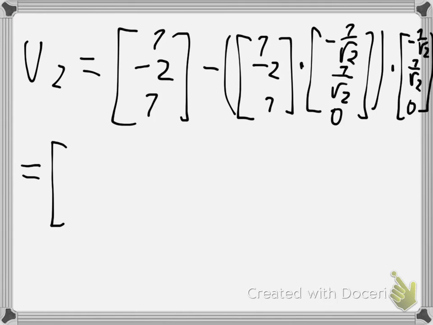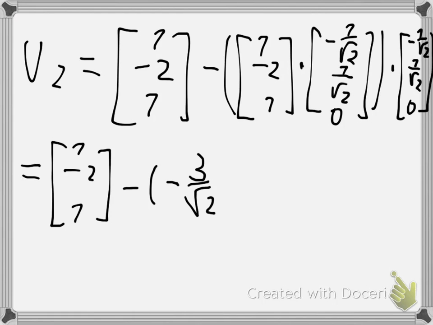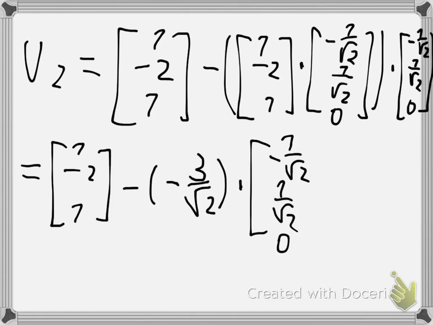So we will get, what do we get here? We get minus 3 over square root of 2 times our unit vector B1.